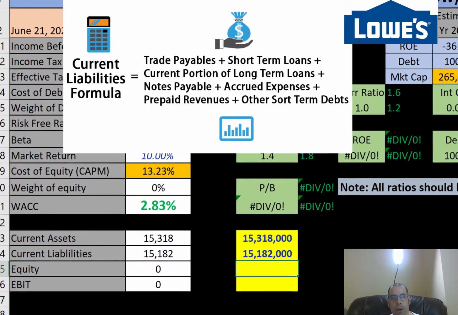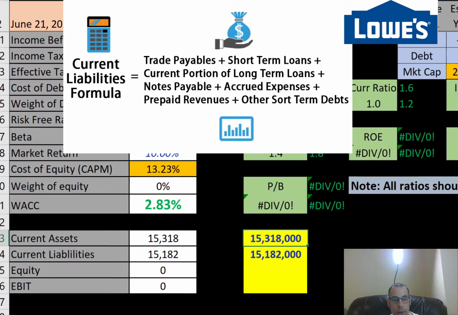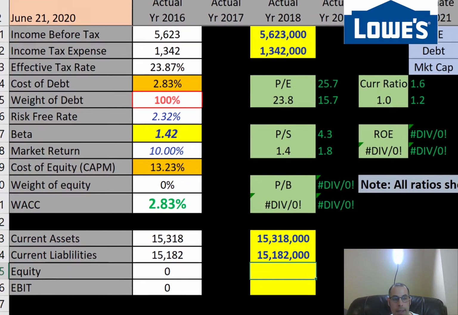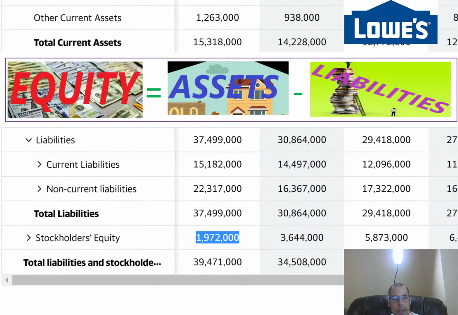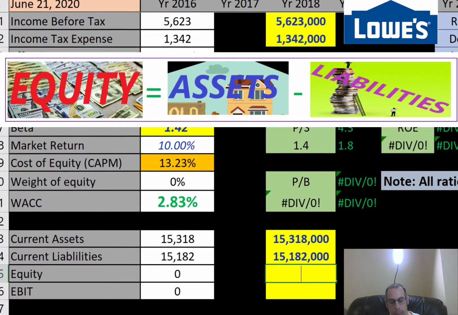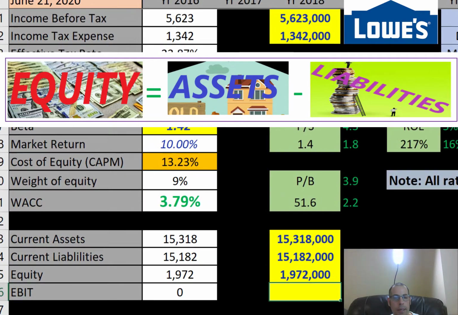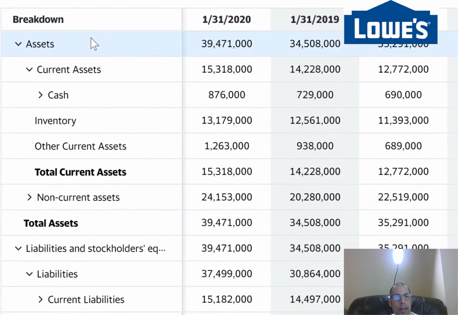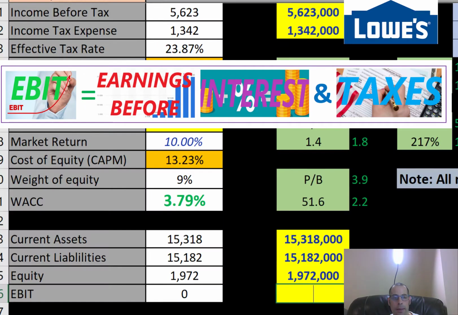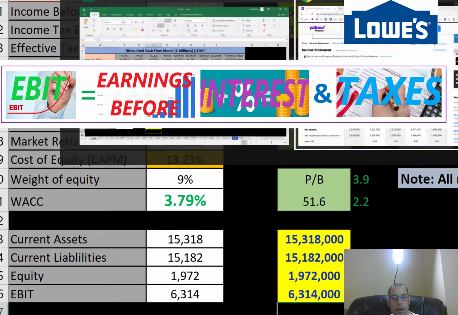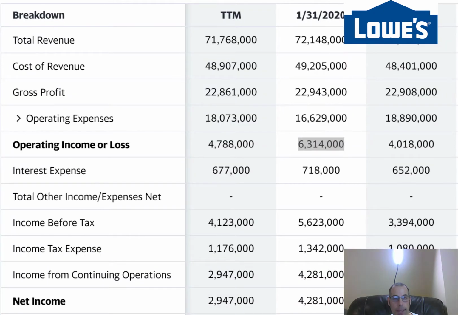Ideally you'd want to have more current assets than current liabilities, and that is the case, just by very little though. Now we need the equity. That's the total assets minus total liabilities. That's $2 billion. Also, we're going to get their EBIT, earnings before interest and taxes, or operating income. This is the money Lowe's makes from its operational everyday business, but it's before they pay interest expense and taxes.